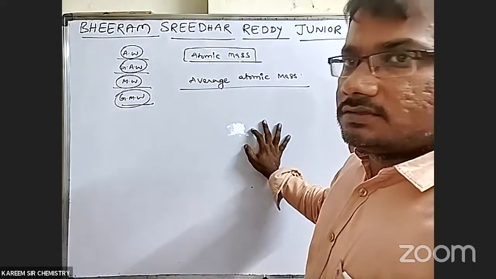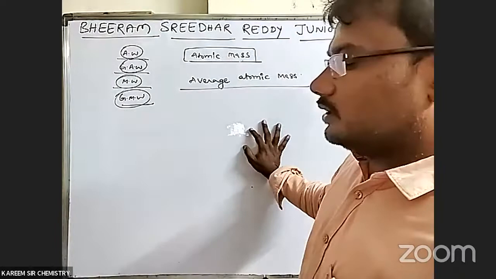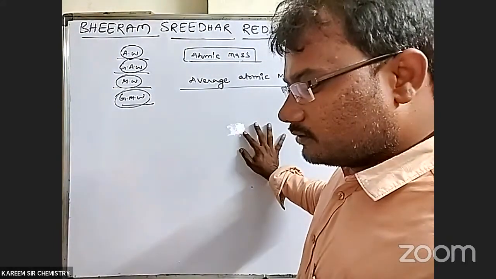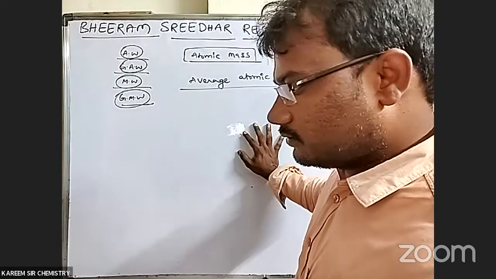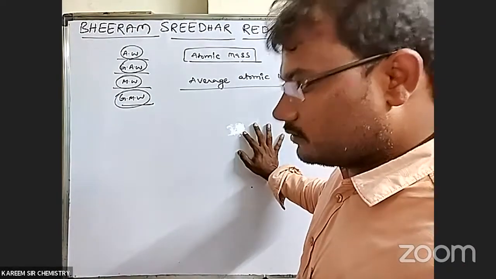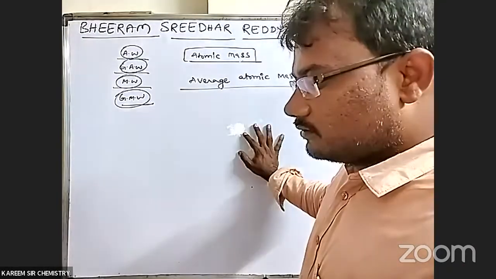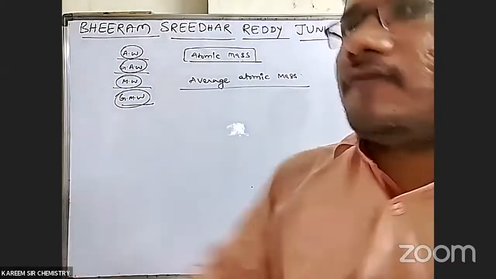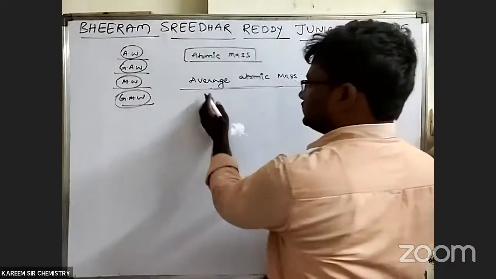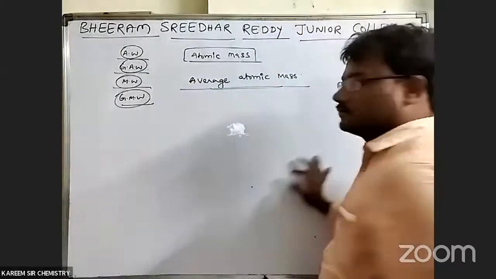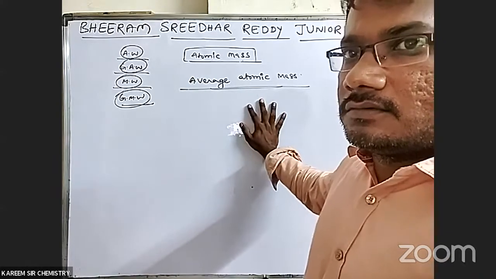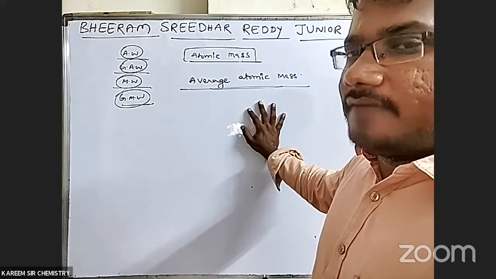Second is average atomic mass, which takes into account the isotopic abundance found on the earth. Yes. Right. So do you know the formula? What is the average atomic mass? Do you know the formula of average atomic mass?